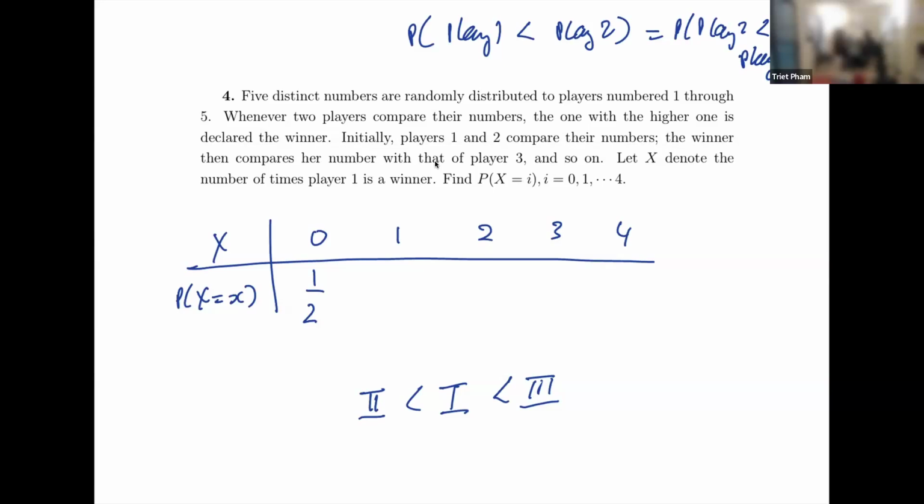There are 3 factorial ways to arrange distinct numbers between the 3 players, and this order can only happen one way. So that would be 1 over 3 factorial. Any question about this?